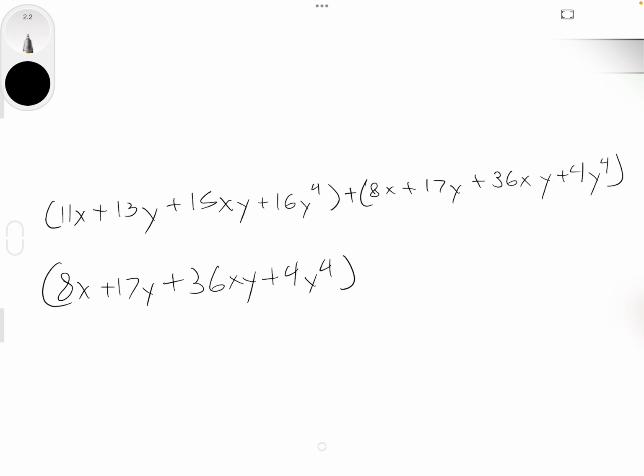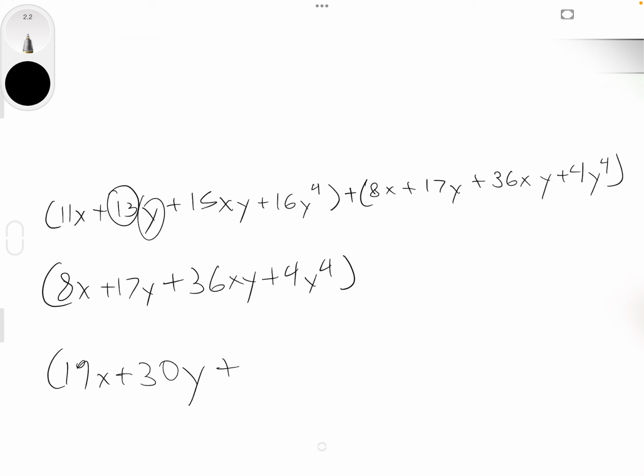Alright, so then let's find the like terms. So 8x and 11x are like terms, so we'll add those, which will be 19x. Then 17 plus 13 is going to be equal to 30y. So you only have to add the coefficients, you don't have to mess with these, just the coefficient. Okay.